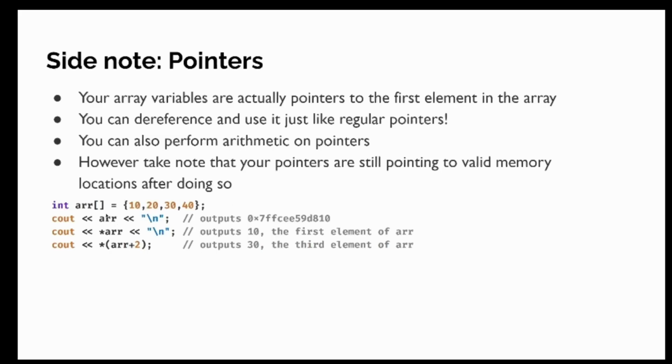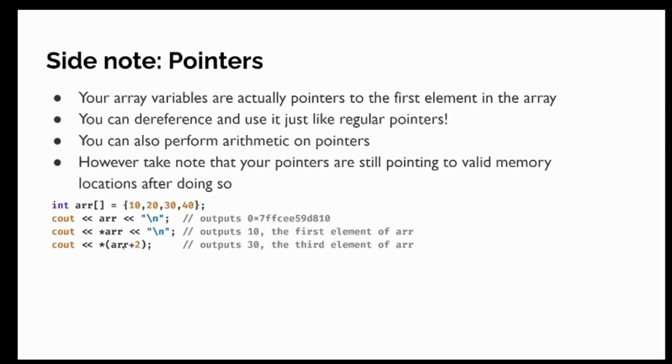So we see here, ARR, this address over here, actually points to the first element in the array ARR. If you dereference it, which is the star, by the way, the star means dereference, it will output 10 because 10 is the first element in the array.